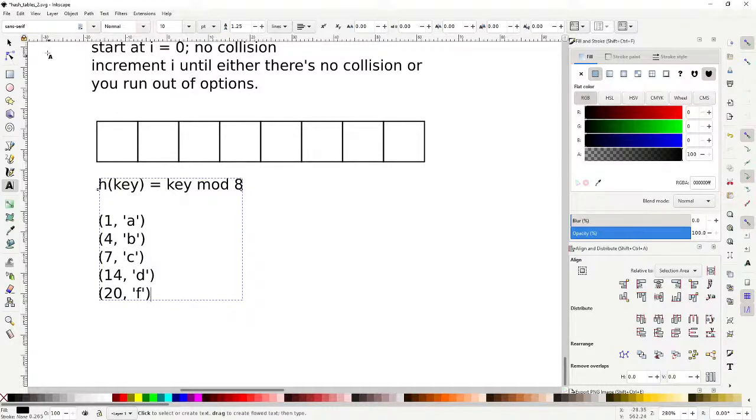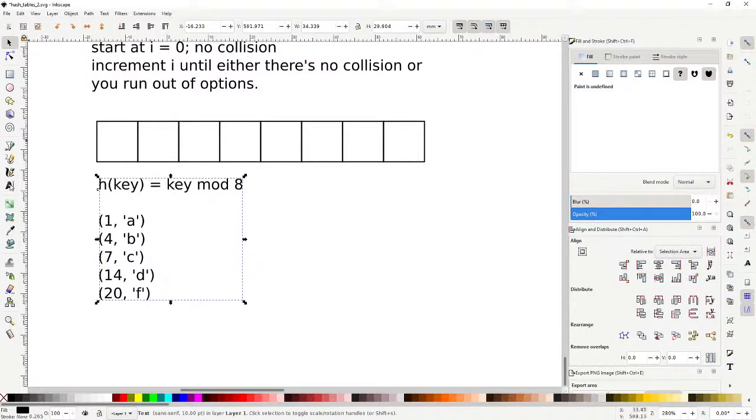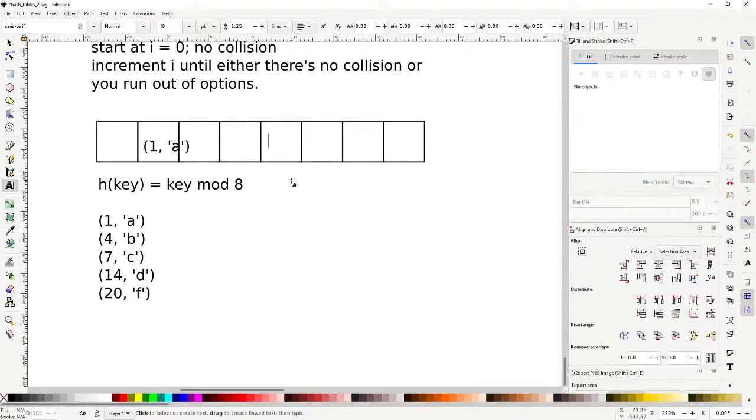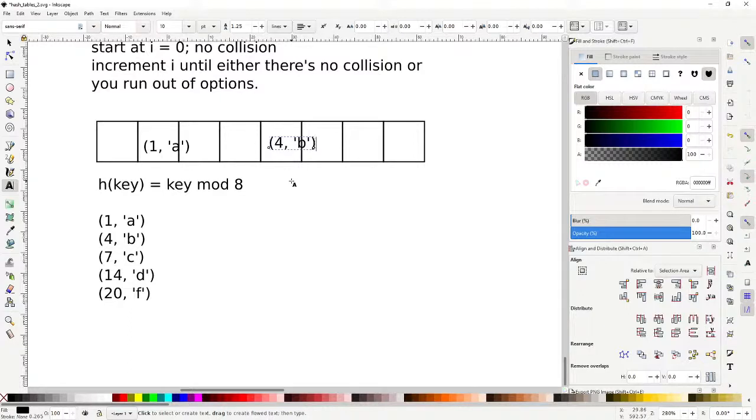If we do all of this, what we end up with is we insert 1a here, and then we'll insert, let's see, 2, 3, 4, so we insert 4b here, and then we insert 7c here, and then 14 mod 8 is 6, so 14d is going to go in here.